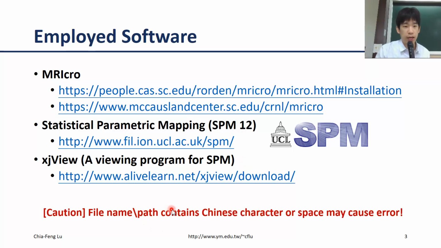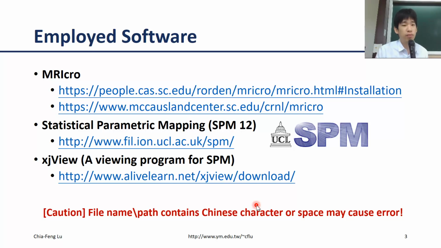I'd like to remind you that some students suffer from an error message or issue when they are using SPM 12. It depends on the operating system on your computer.